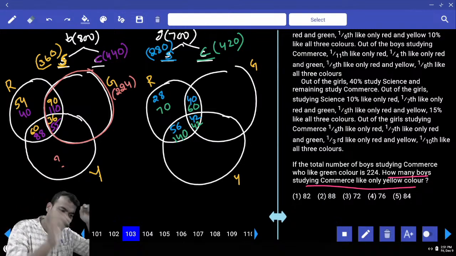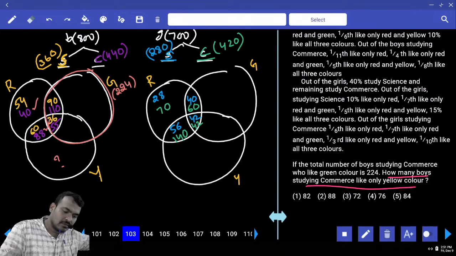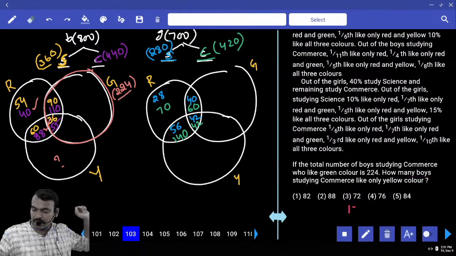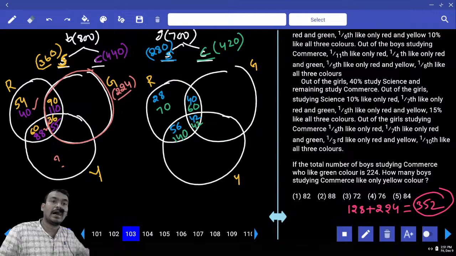Okay, what is the total green color? 224 plus what is the commerce value in red case? 40. Combination red and yellow 88. 40 plus 88 is 128. 128 plus 224. How much value are we getting? 352. That 352 are which one? Other than the only yellow value, or not?